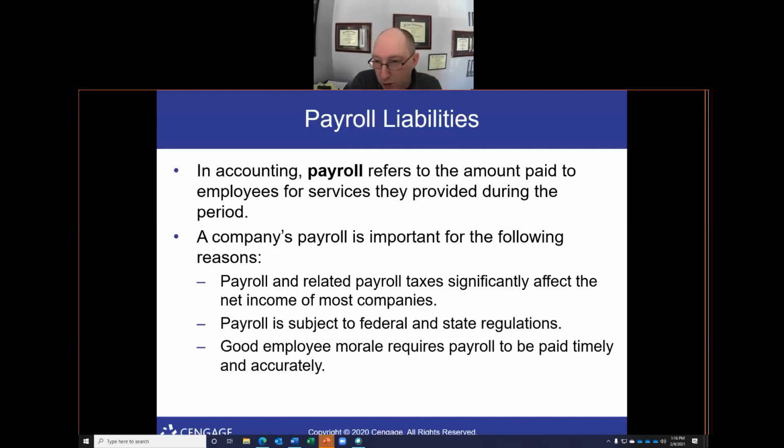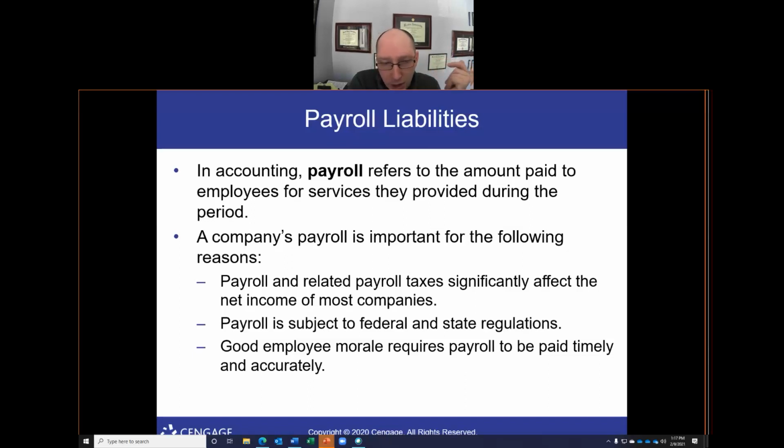The employee punches in using the time clock, and they accrue their hours over time. At the end of the 2 weeks, we go to payroll. Payroll goes, okay, the employee worked X number of hours times their hourly rate. That's the payroll amount. That's the gross.